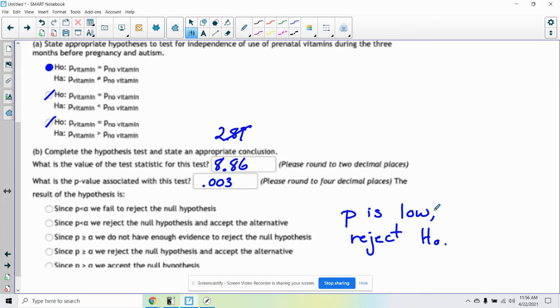So since p is less than alpha, we reject the null. Let's see here. Since p is, we fail to reject the null? No. We're going to reject the null. Since p is greater than alpha? Nope. There's our answer right there. P is lower than alpha. We reject the null and accept the alternative, that they're not equal.